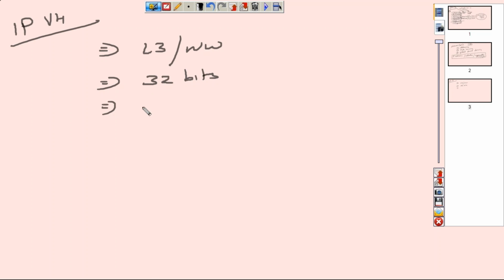How is it written? In what we call dotted decimal format. Typically, what you would see is 192.168.5.50, right? So that's why it's called the dotted decimal format. And each of these sections contains how many bits?